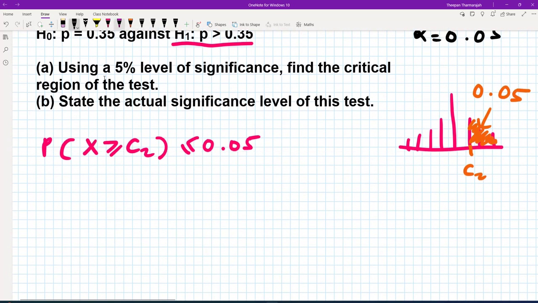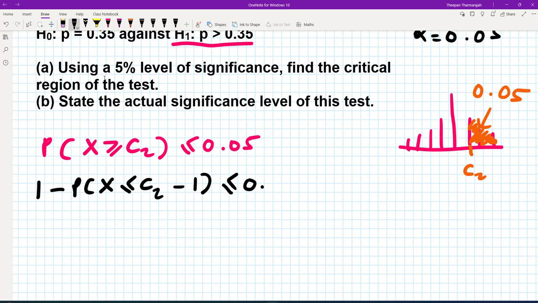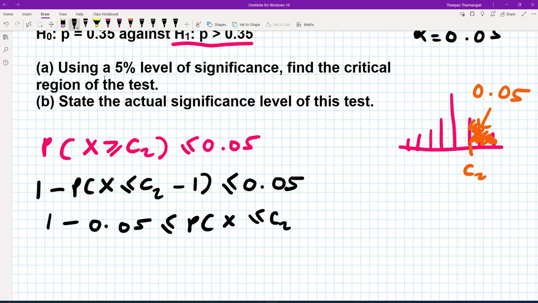By default, the binomial distribution is less than or equal to, but this is greater than or equal to, so we do the converse. So we say 1 minus the probability that x is less than or equal to C2 minus 1 is less than or equal to 0.05. Therefore 1 minus 0.05 is less than or equal to the probability that x is less than or equal to C2 minus 1.